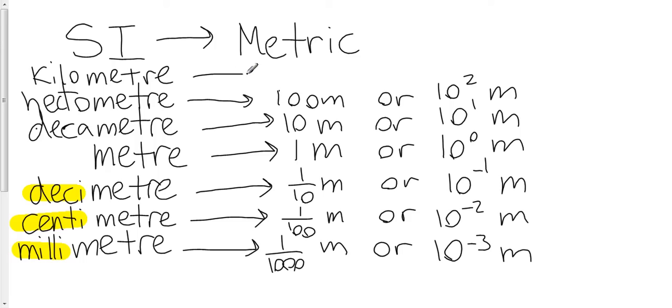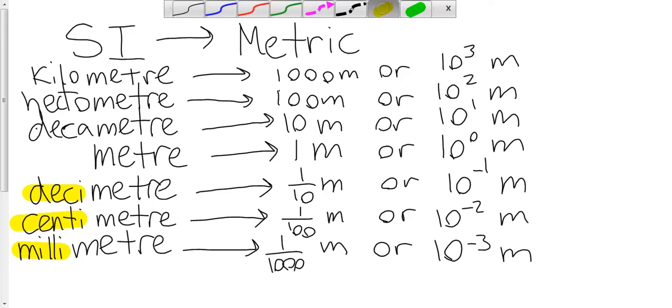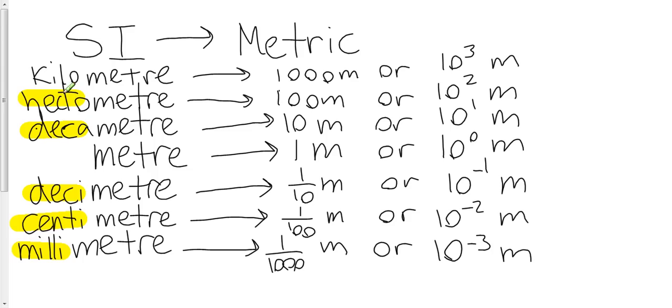And a kilometer is 1,000 meters, or 10 to the power of 3 meters. And our prefixes here are deca, hecto, and kilo. So there you have the SI or metric system units for length.